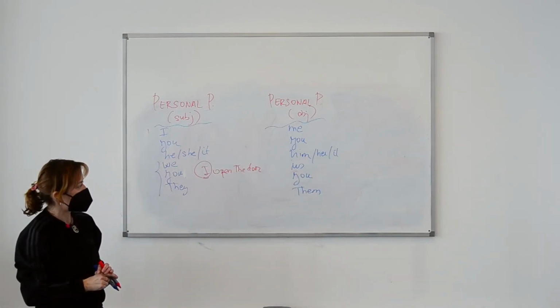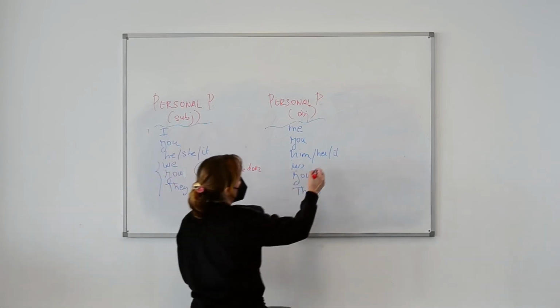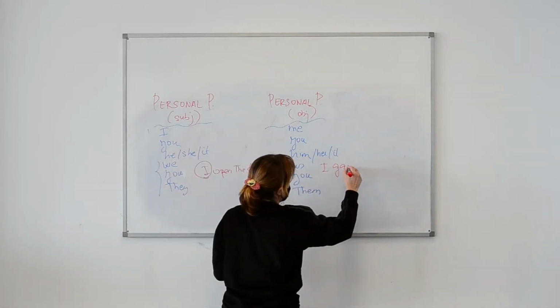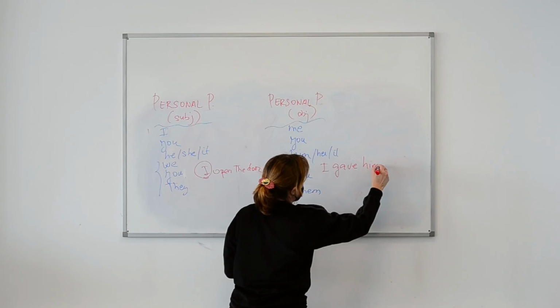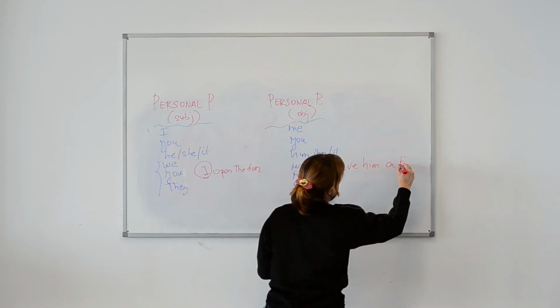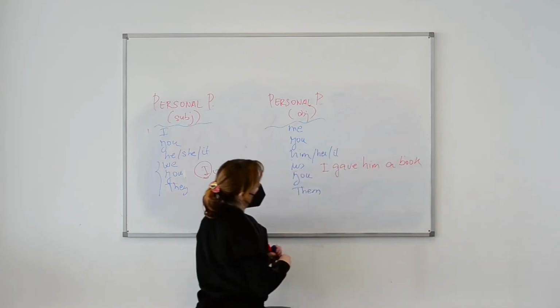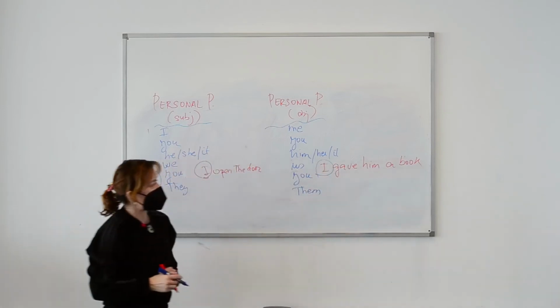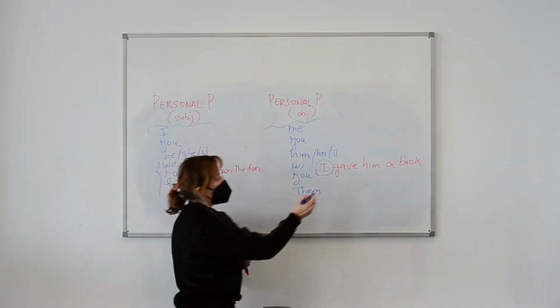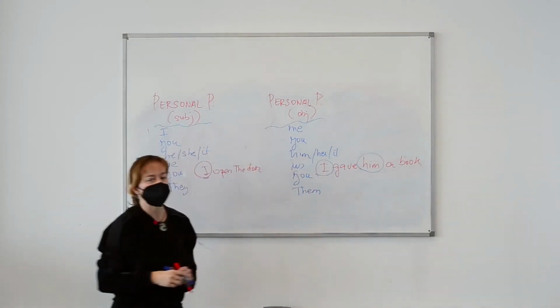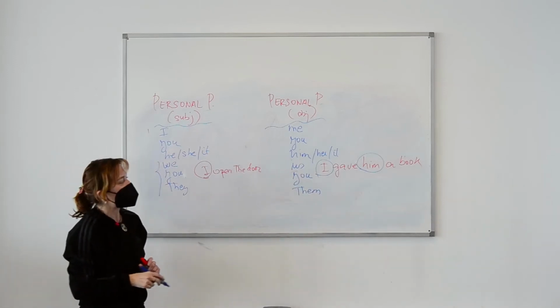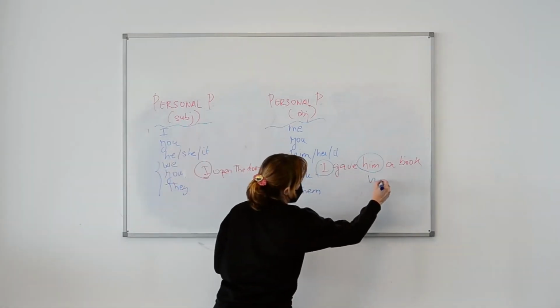For example, I gave him a book. The pronoun I functions as the subject, and him functions as the object. We cannot say I gave he a book.